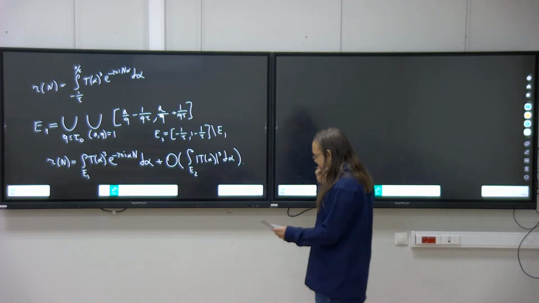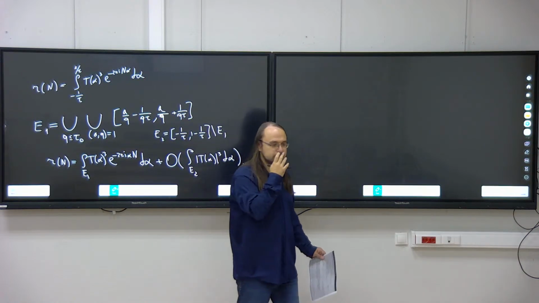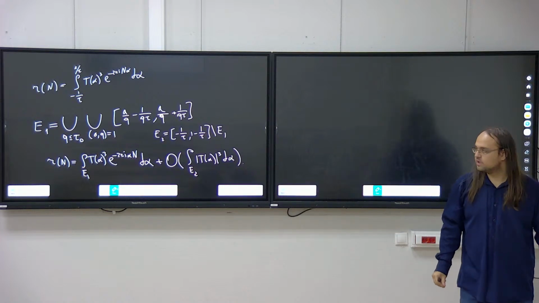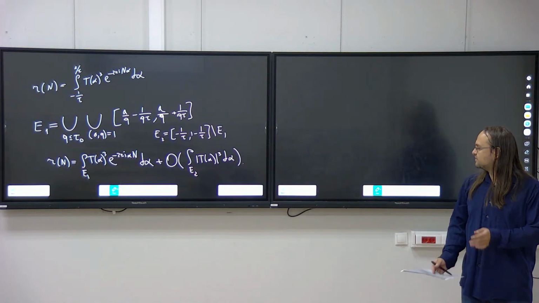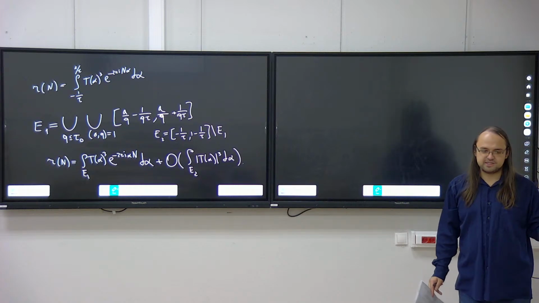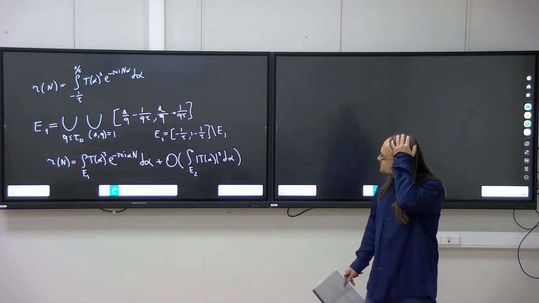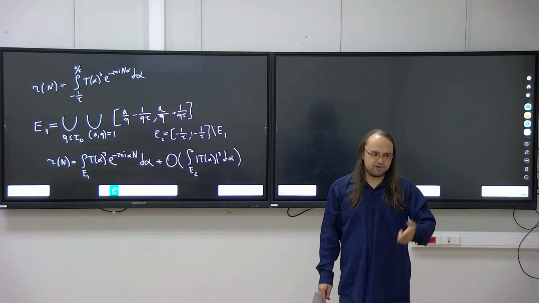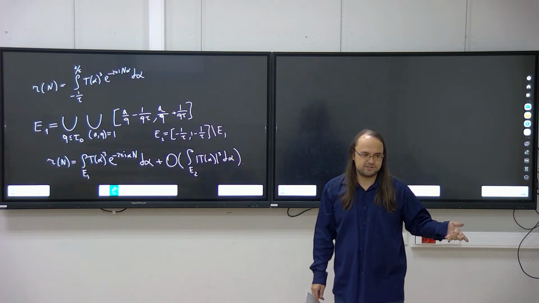Now for the bounds. We could have taken E1 to be even smaller, hypothetically. We could have taken it to be very small. E1 is already quite small. So tau naught is a power of logarithm. E1 is the set of all numbers in your interval which are well approximated by fractions with very small denominators.